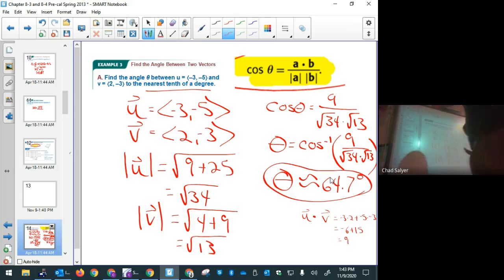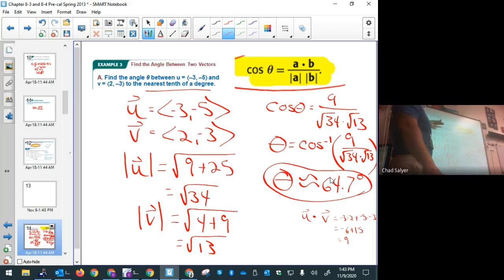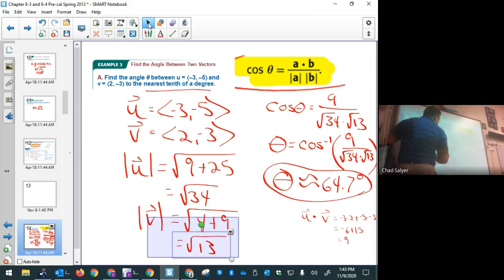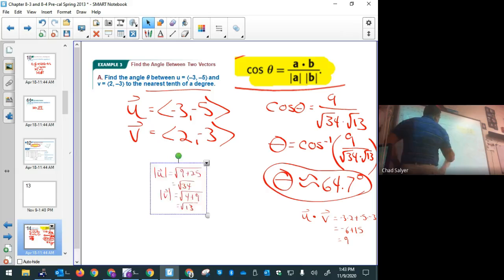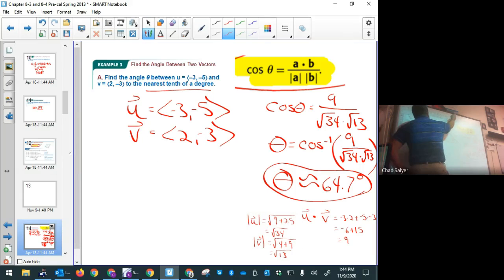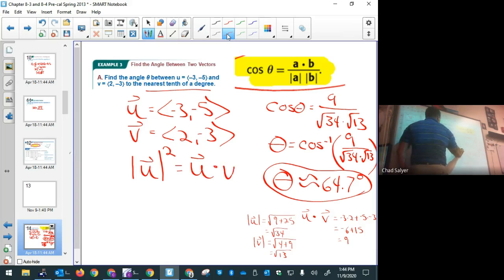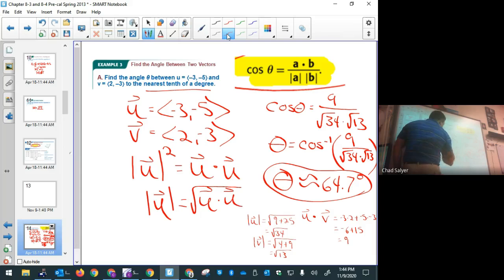So those are the magnitudes of the vectors in question. What I used was the formula that I just showed you, and carried on from there.